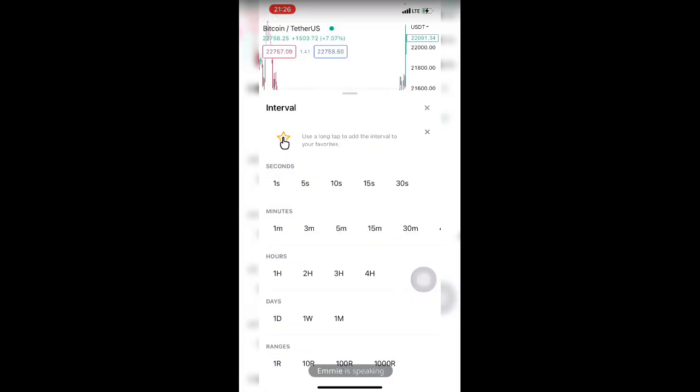While the internal trend lines are the ones for 1 second, 5 seconds, 10 seconds, 15 seconds, 30 seconds, 1 minute, 3 minutes, 5 minutes, 15 minutes, 30 minutes, 45 minutes. Are you getting me? So this first two rows are internal trend line. This last two, starting from 4 hour, are external trend line.